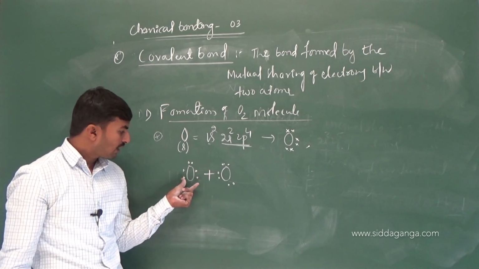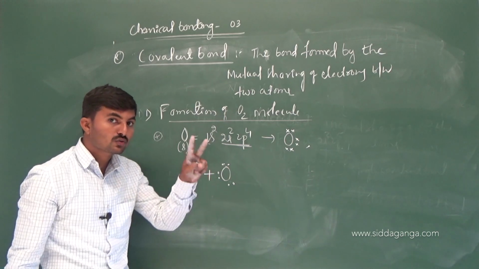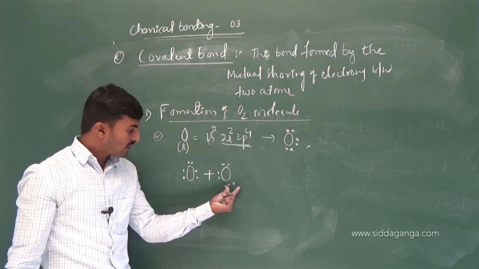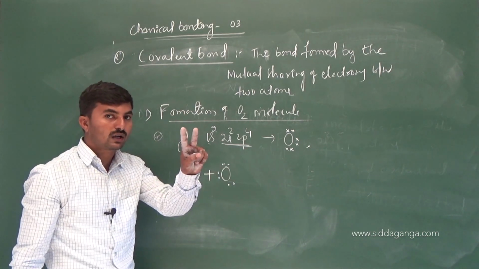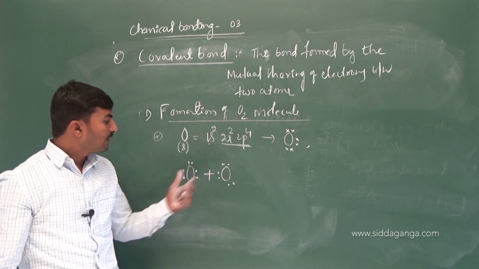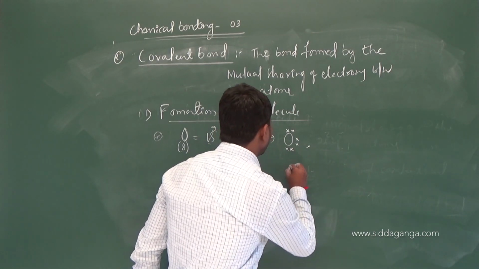Here this oxygen atom has 2, 4, 6 and requires 2 more electrons to get stability. At the same time, this oxygen also has 2, 4, 6 and requires another 2 electrons to get stability. How can they get their stability? By forming a covalent bond between them.